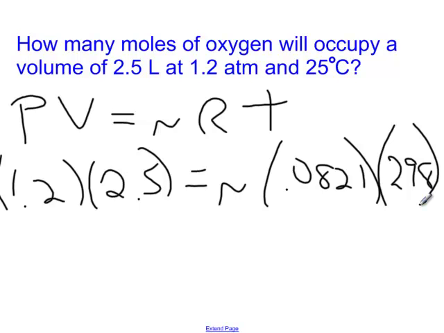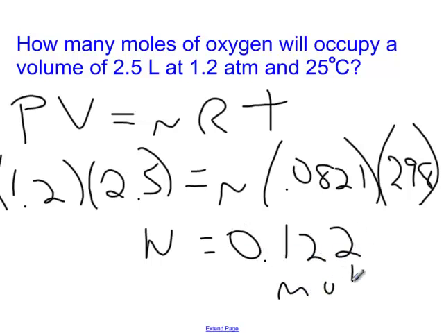So now I simply plug numbers into my calculator. 1.2 times 2.5 divided by 0.0821 divided by 298, and I find that N equals 0.122 moles. And that's the answer.